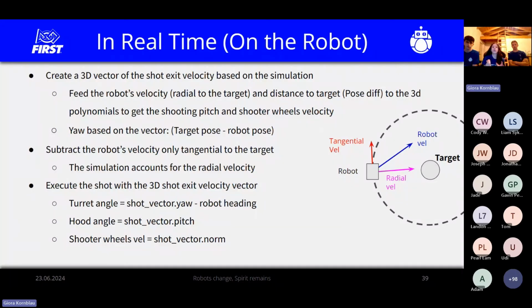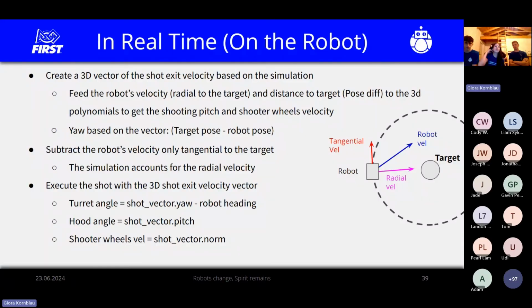We feed the robot's velocity, radial to the target, and distance to the target to the 3D polynomials to get the shooting pitch and shooting wheel's velocity. That's what the simulation does. So the simulation takes care of the radial velocity.